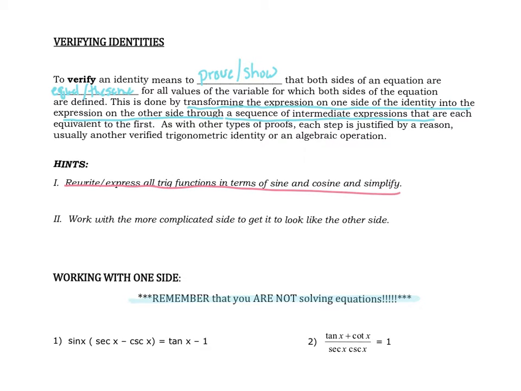So these rules here about rewriting with sines and cosines are going to help. The other piece of advice, and the process that we're going to use, is to look at the identity and decide which side looks more complicated, and that's the side that we're going to work on.